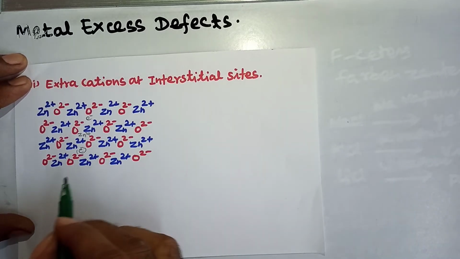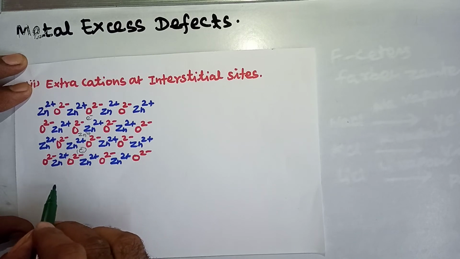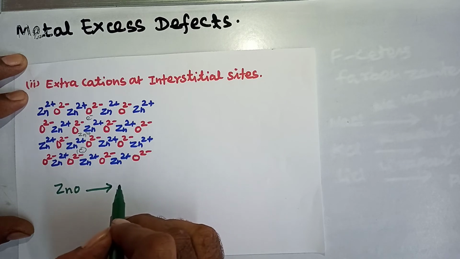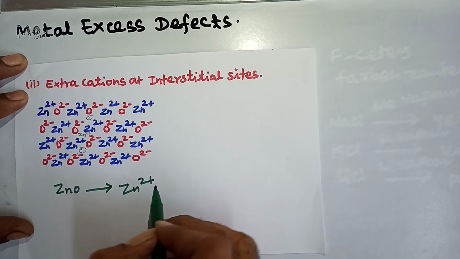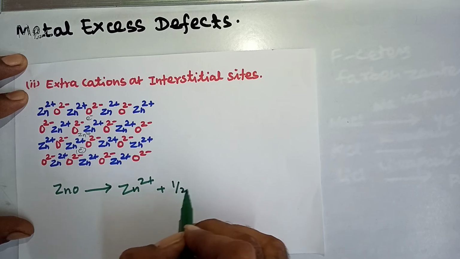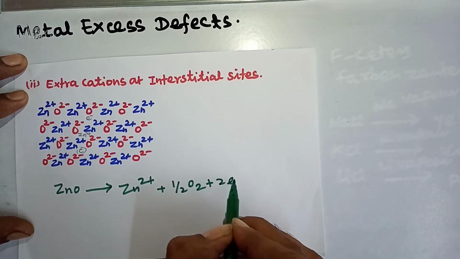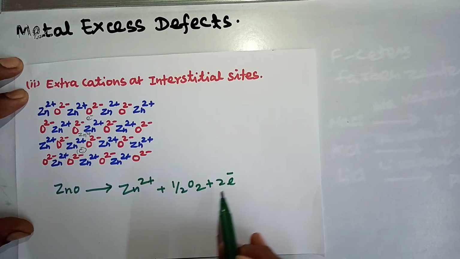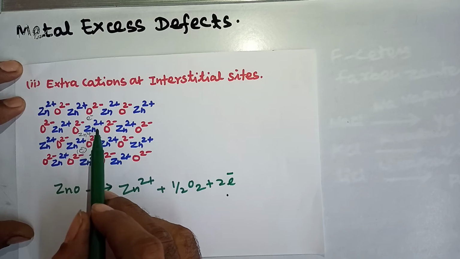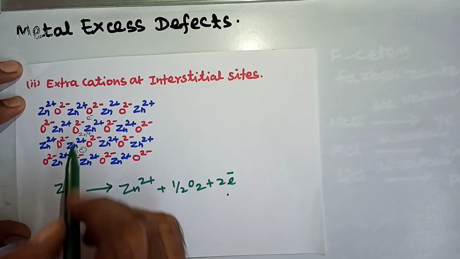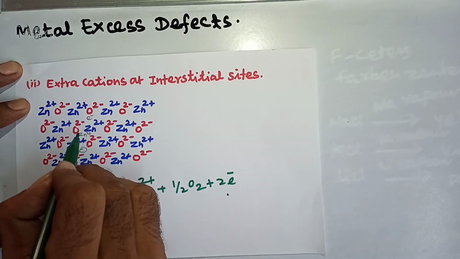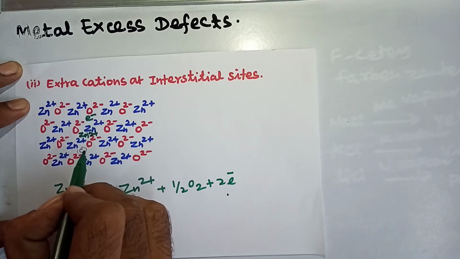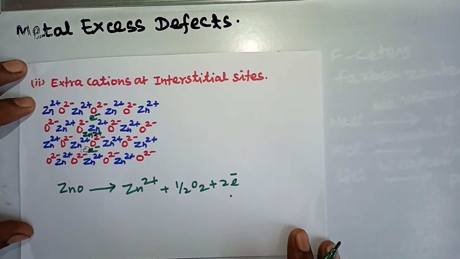So what will happen here? When we heat the zinc oxide, it forms Zn2+ plus half O2, and it gives 2 electrons. The excess cations and electrons occupy the interstitial positions of the crystal. Here one Zn2+ occupies, and here 1 electron occupies, and here 1 electron occupies.